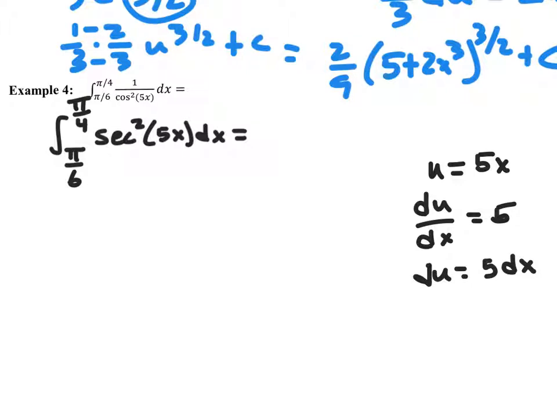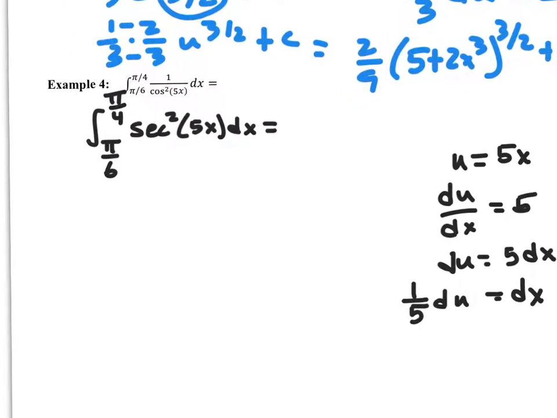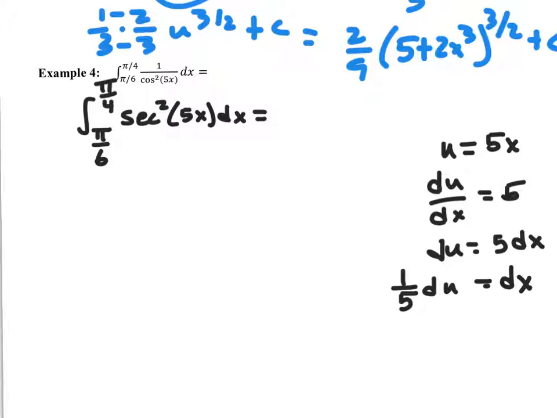So that means dx equals 1/5 du. Okay, so what I can do is a direct substitution of 1/5 du in for dx. And I can also substitute u in for 5x.